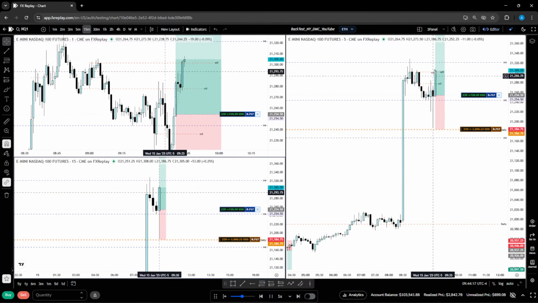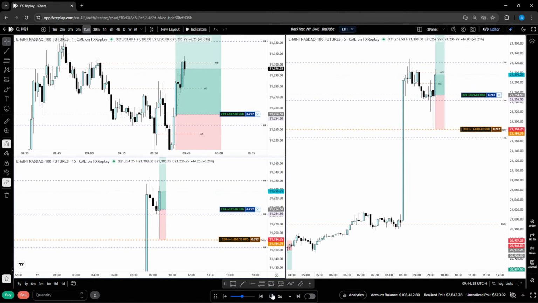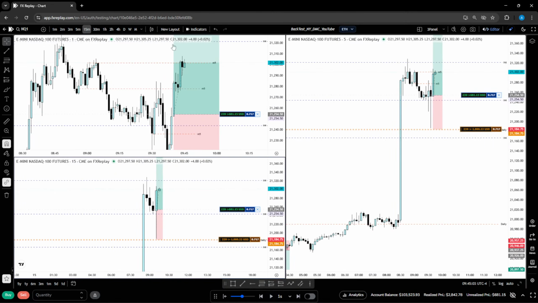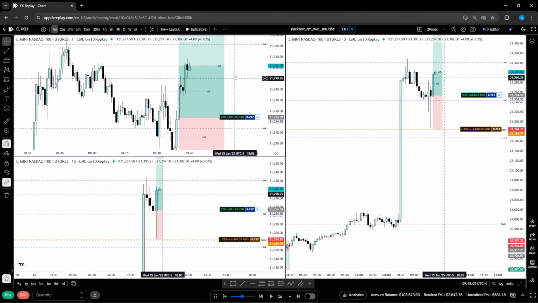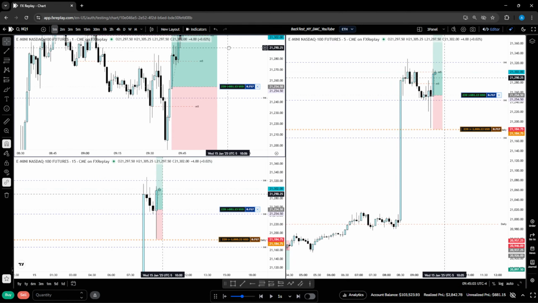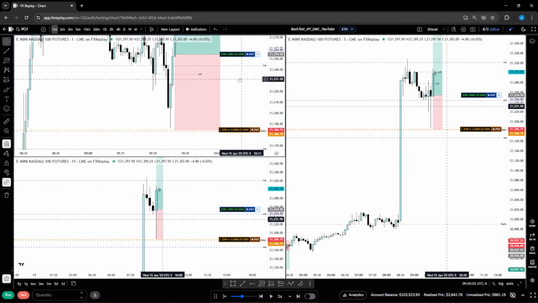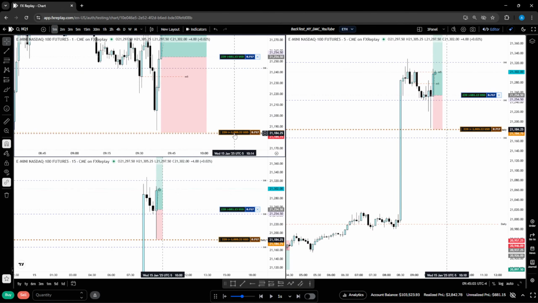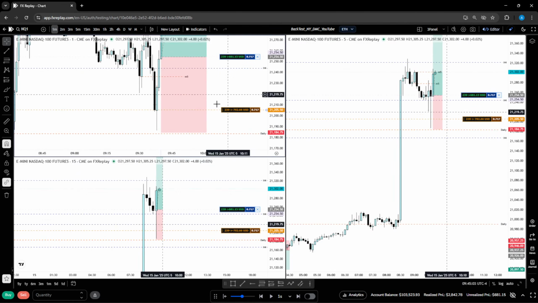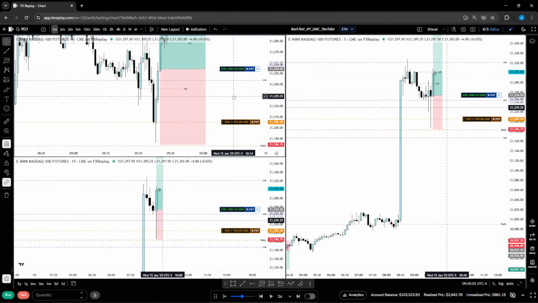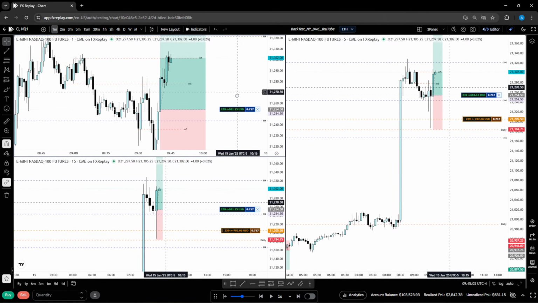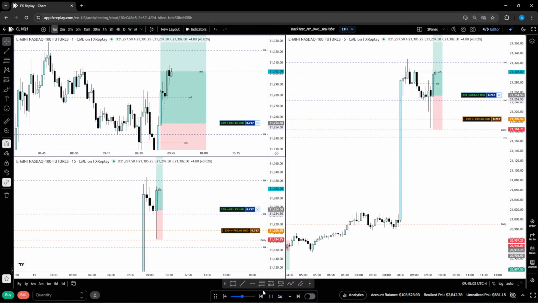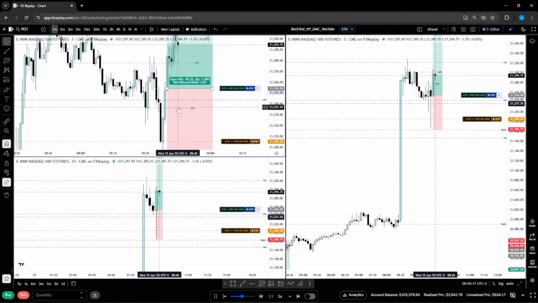See in 1 minute if we close above that level or no. Not completely, almost. Probably go a little bit less on the risk. This thing can come back down here maybe.